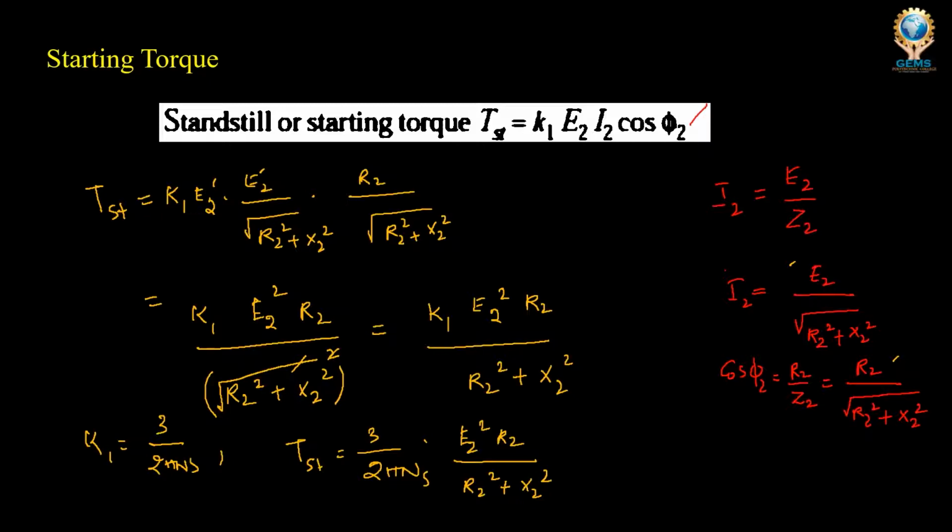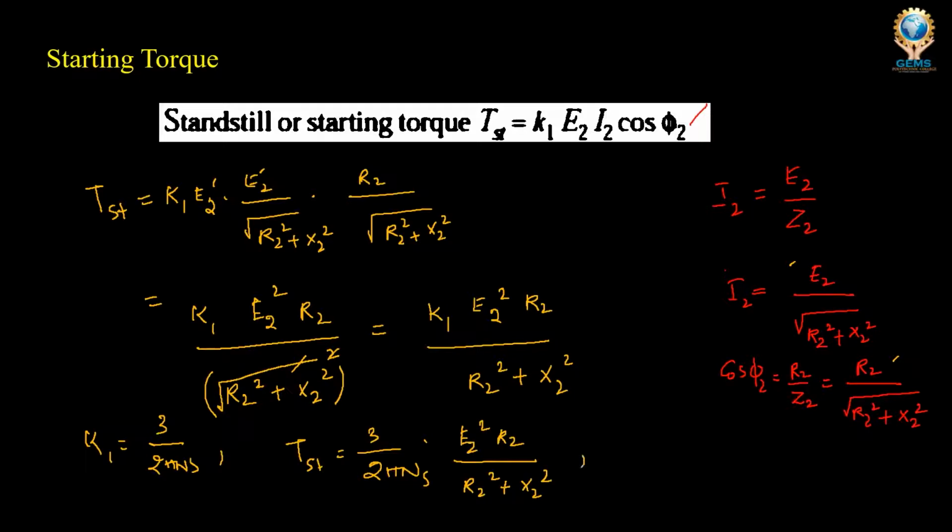If suppose we consider the supply voltage is constant, then what will happen? We can remove this E2, because of the new concept, we can make that another constant.